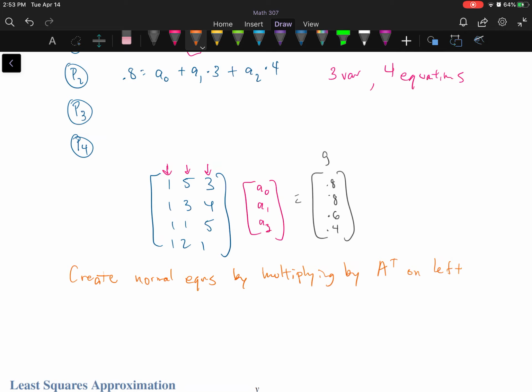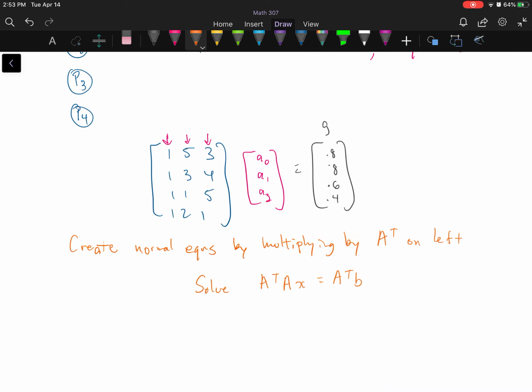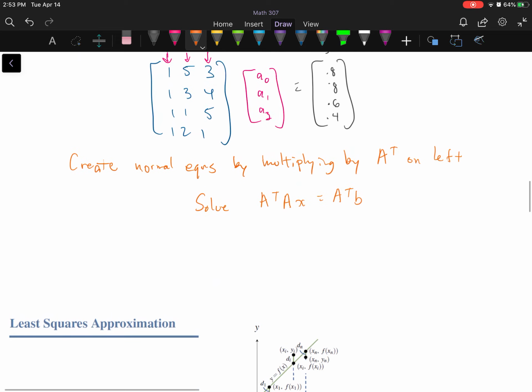And then solve the system A transpose A x equals A transpose b. Doing row reduction, something like that, to get your best approximation solution.